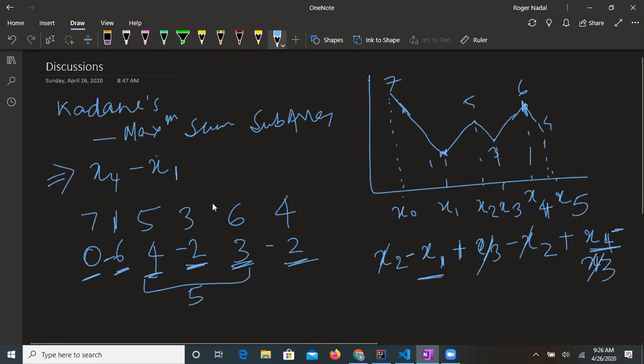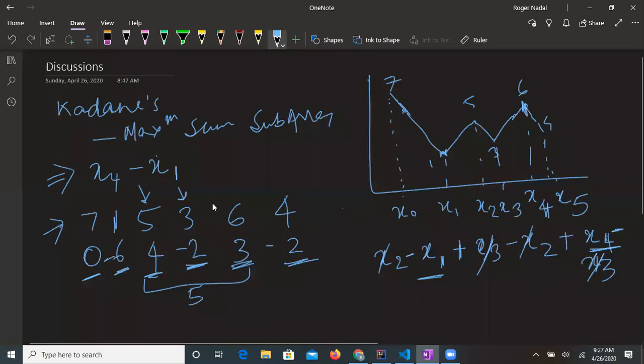Can you tell how you created the values like 0, 6, and 4? Oh yeah, so look at the left neighbor. For 7 there is no left neighbor, right? For 1 minus 7 is minus 6. For 5 minus 1 is 4.